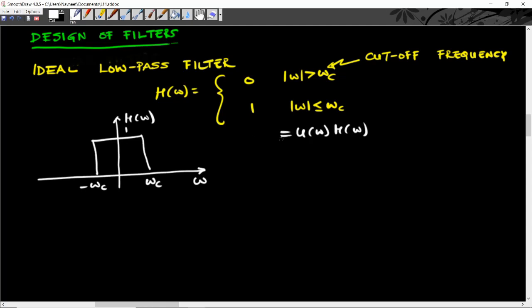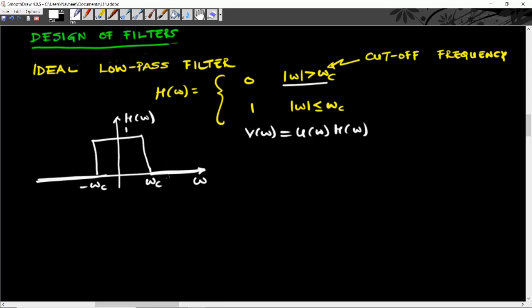So clearly, if I take this transfer function and multiply with the Fourier transform of an input signal, then any frequencies which have magnitude greater than omega c, that is in this region over here and over here, will be completely zeroed out.